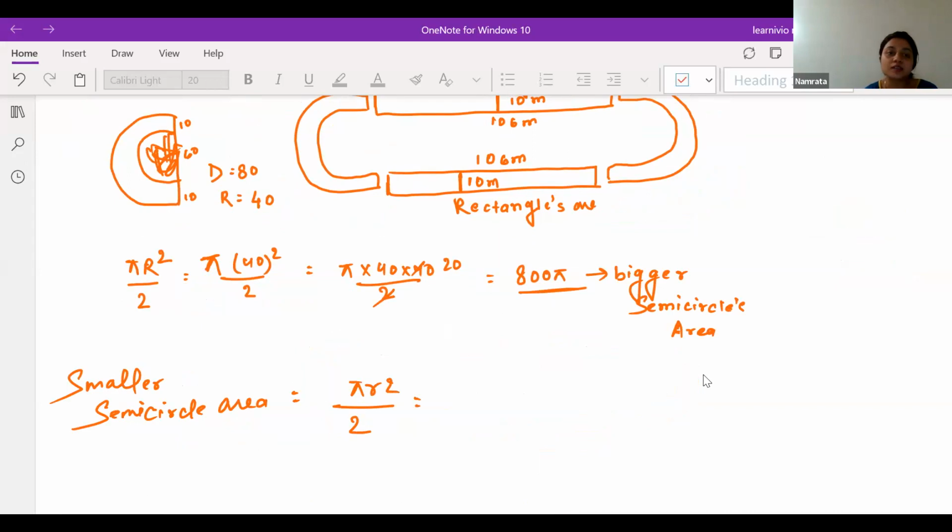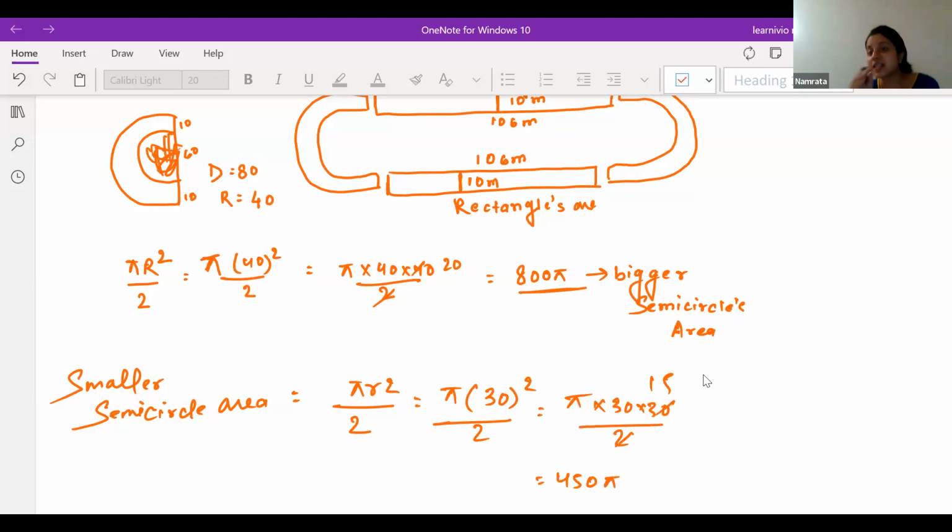Here r, for the smaller semicircle, is 30, because for the smaller one the diameter is 60. So r is 30 over there. So pi times 30 square over 2, which is pi times 30 times 15, which gives us 450 pi.